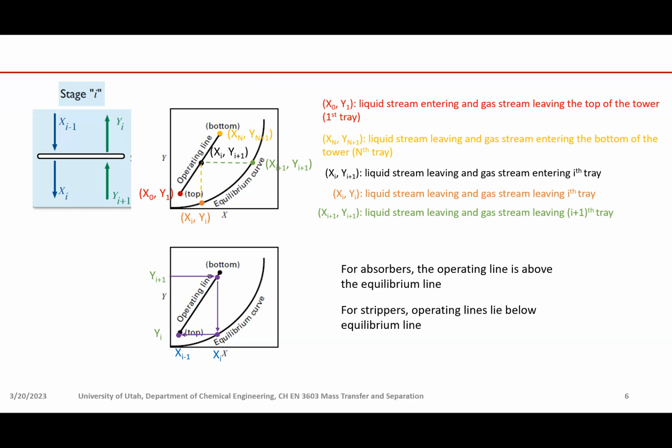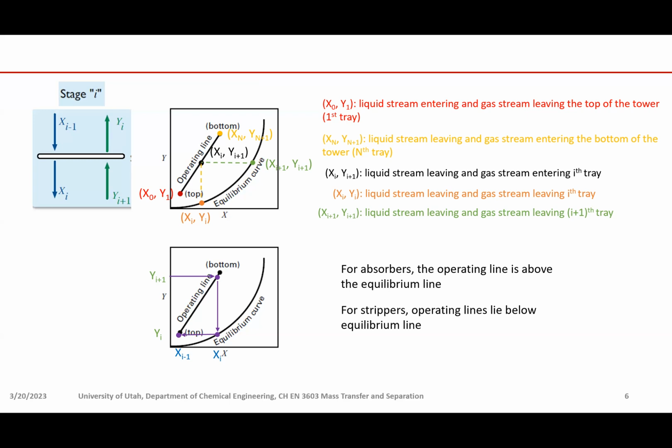So this point tells us the composition of the gas stream entering the stage i. The y coordinate of this point tells us the composition of the gas phase leaving the stage i.